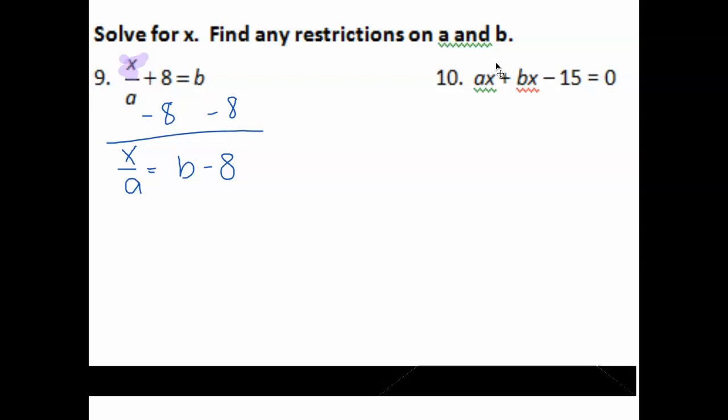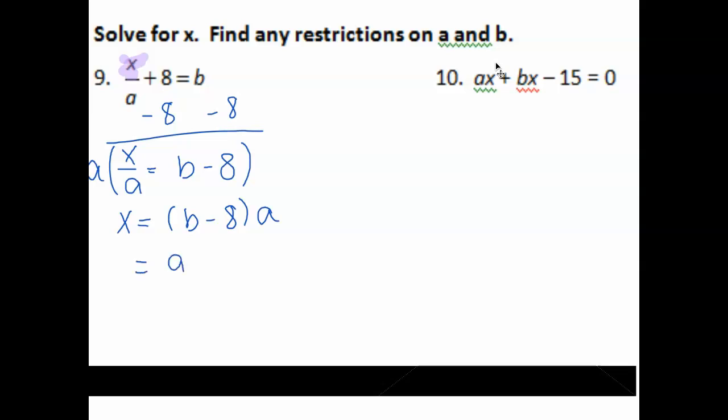I have x over a equals b minus 8. I'm going to multiply both sides by a. So I have x equals b minus 8 over a.